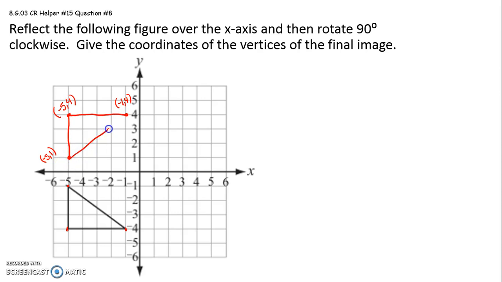Now I'm going to take this new shape and I'm going to rotate it 90 degrees clockwise. So in the direction of a clock. Like there's 12 o'clock, down here's 3 o'clock, you're going in the direction of a clock. So for 90 degrees clockwise, about the origin, I first reverse, arrow, change the sign.